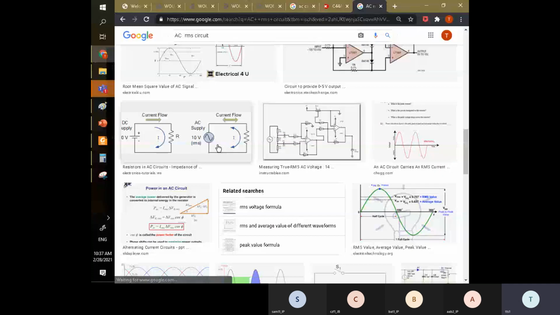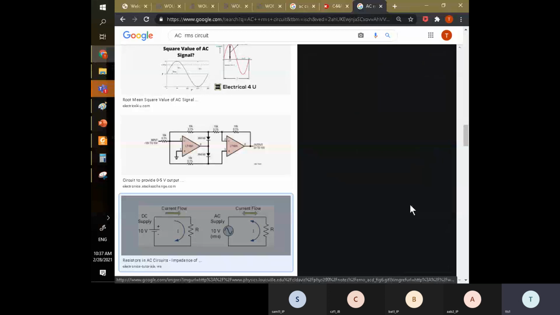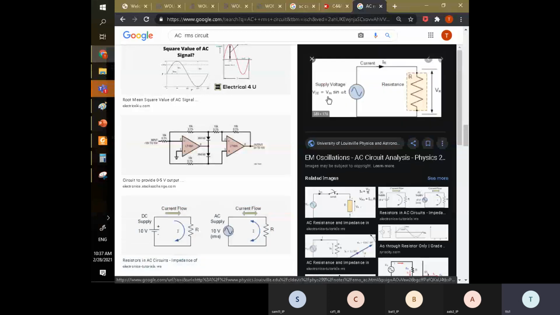For example like this: if people put 10 volt and then the frequency, it is usually RMS. If people want to indicate a VPeak, they indicate it this way. This is what I mean.